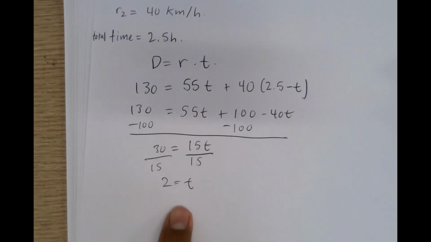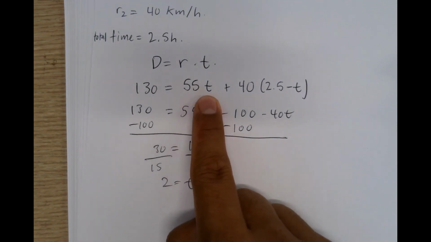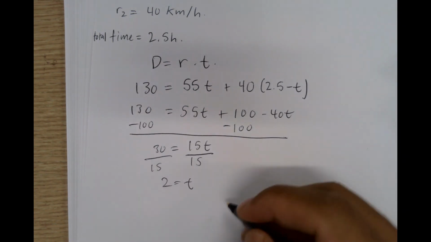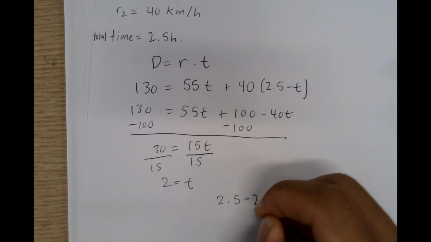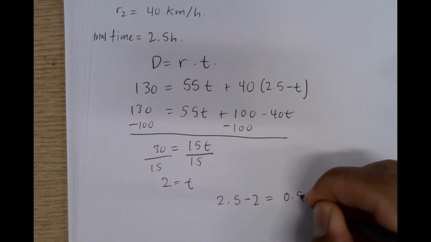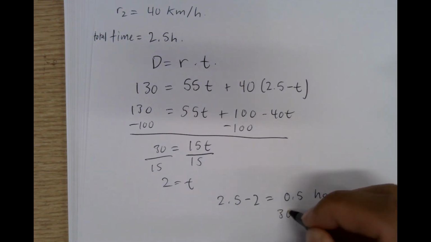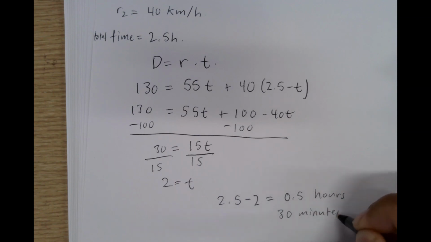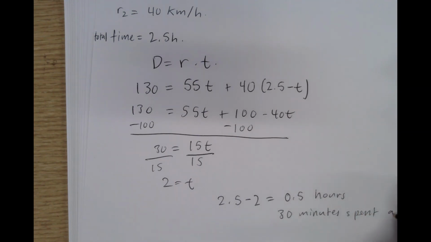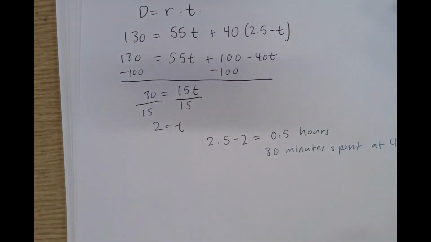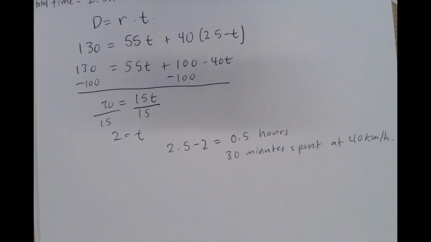Here I see t is equal to 2, but if I look at my equation, I know that t represents the amount of time I spent driving at 55 kilometers per hour, and so the remaining time is 2.5 minus 2, which is equal to 0.5 hours, which is equal to 30 minutes spent at 40 kilometers per hour. And that's it.